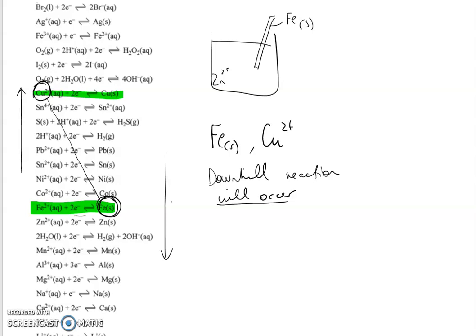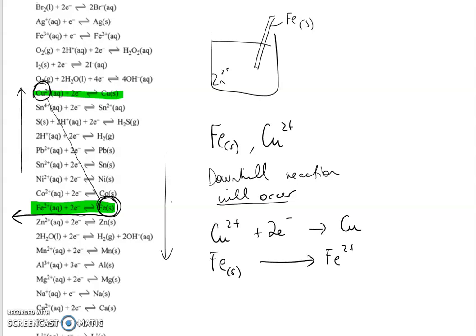So this is going to want to give away its electrons, and copper is going to want to receive them. So copper will receive the electrons and iron will proceed in the backwards direction by giving away its electrons.